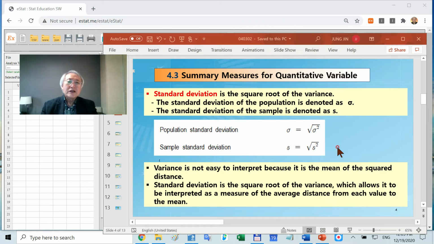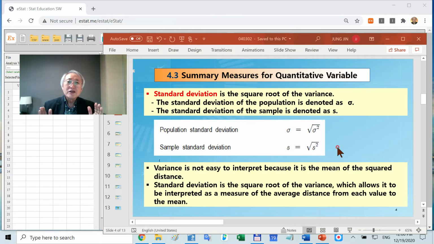Roughly, you can say this. Suppose the average height of a male student is 170 centimeters, and their standard deviation is 5 centimeters. What does it mean? Just consider the mean plus or minus 1 standard deviation. From 170 plus or minus 1 standard deviation gives you the interval 165 to 175.